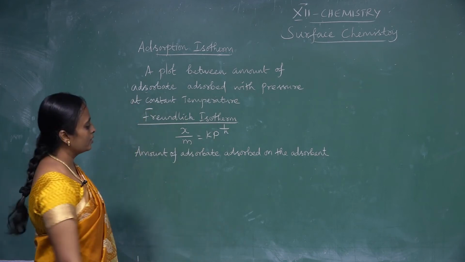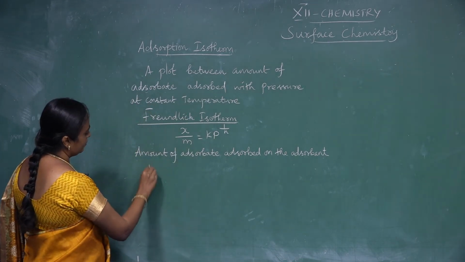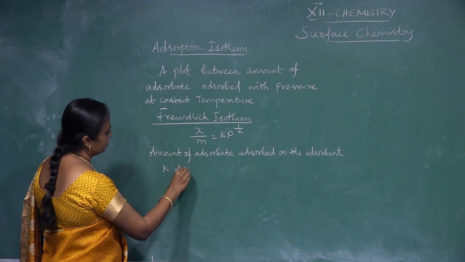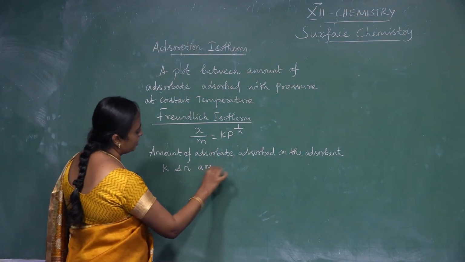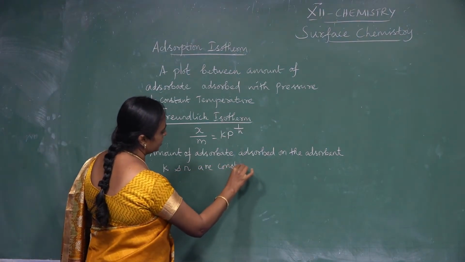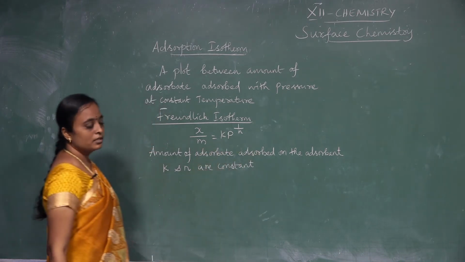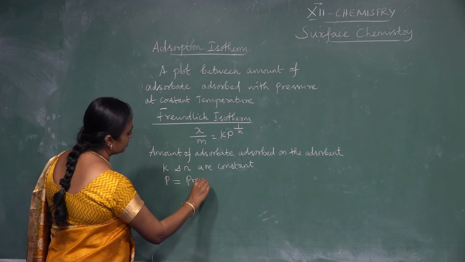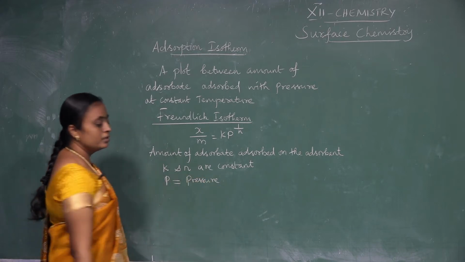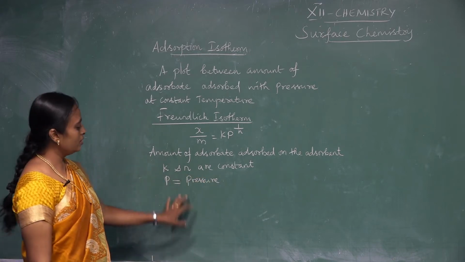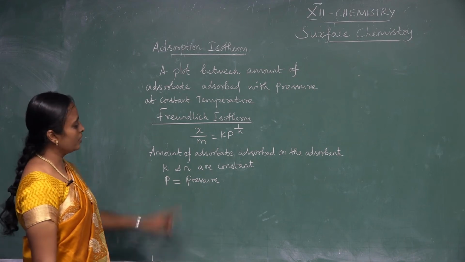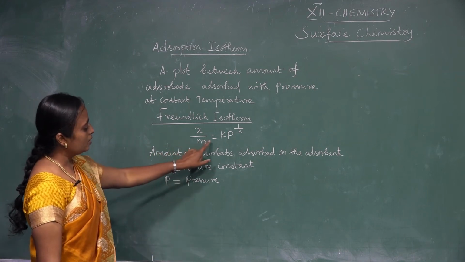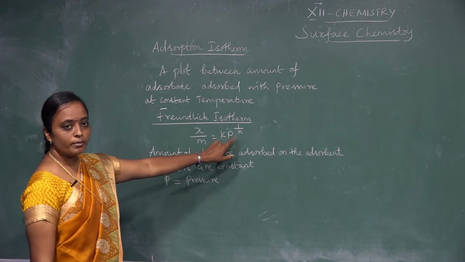Here k and n are constants, known as Freundlich constants, and p is the pressure involved in this process. So x by m equal to k p power 1 by n.